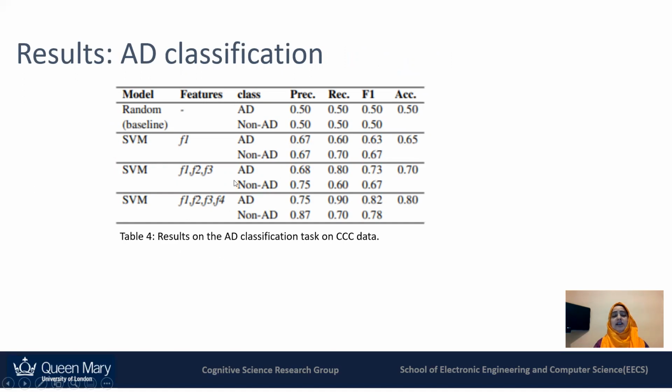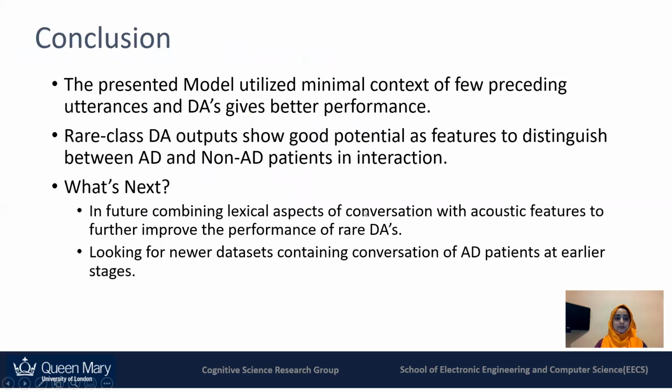But when we added the bigram sequences of these dialogue acts and the confusion ratios and question ratios, the accuracy improved to 70%. And when further adding other interactional features like speech rates, turn durations and overlaps, it improved to 80%. Here we can see that the F1 score for particularly the AD class is 0.82.